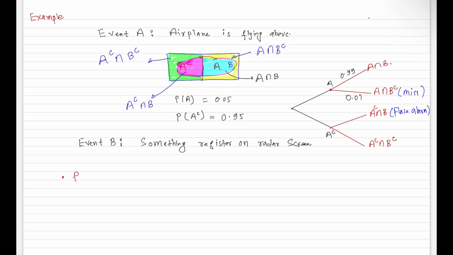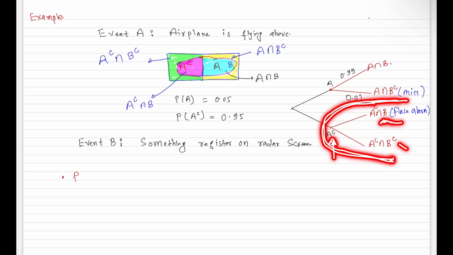Or we can also have something here. Let's suppose there is nothing in the sky. So now we are residing in this world. Residing in this world means we have the evidence that there is nothing up in the sky. That means from here radar can show two possibilities, right? There is nothing up in the sky, but it is showing the false alarm.